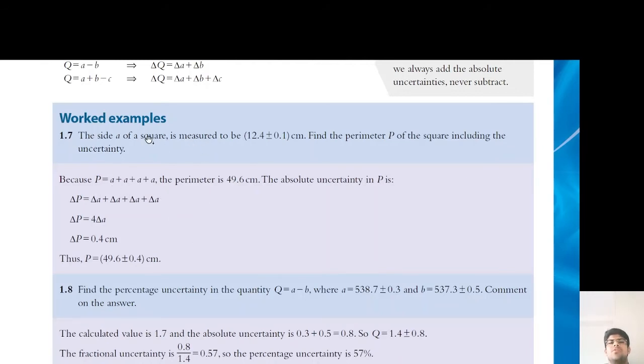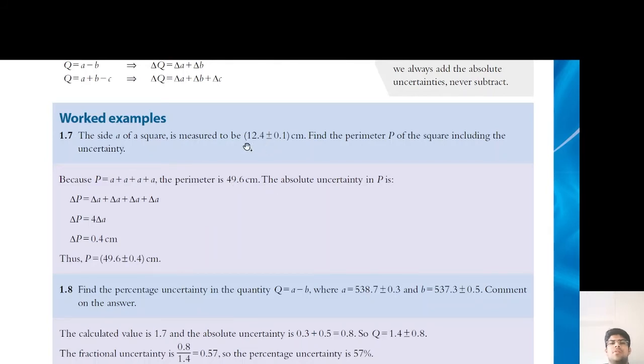Because they are talking about a square. A square has four sides, and one side is A, so all four sides are equal, so it's A plus A plus A plus A. The perimeter is 49.6 centimeter.